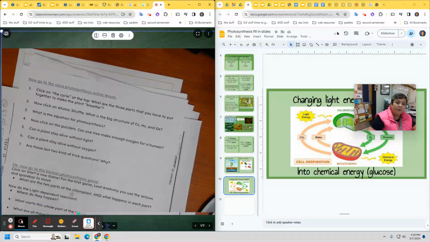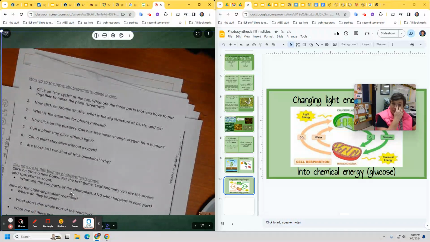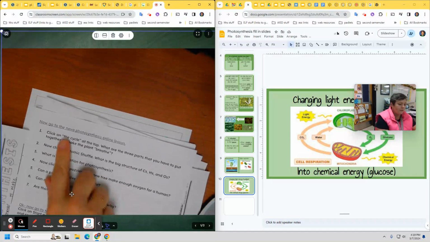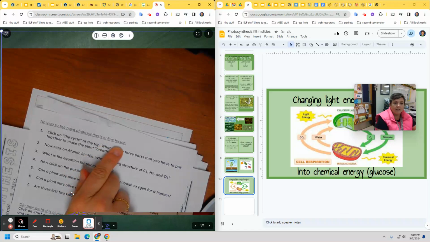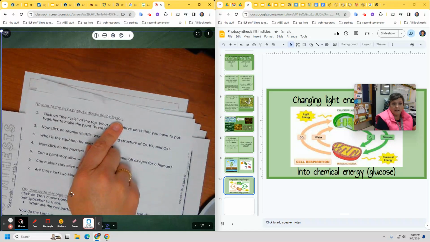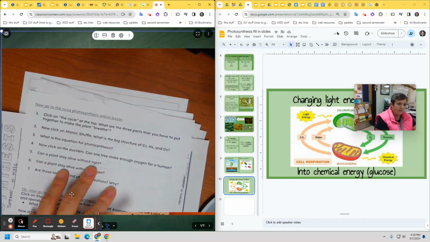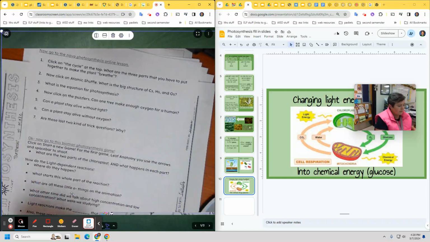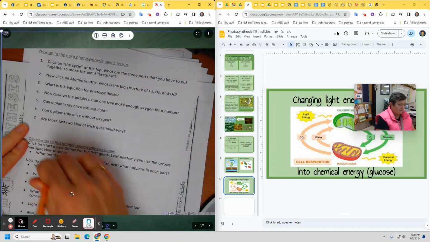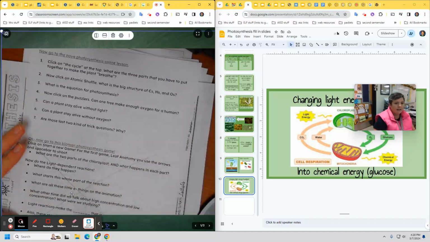Okay, now you have a couple things that you need to do. You are going to do this Nova photosynthesis online lesson. There is a link for it in the folder, and you got this handout. So you are going to go through this bottom part. Please don't worry about it. We are not getting into light and dark reactions or how the electron transport chain works.